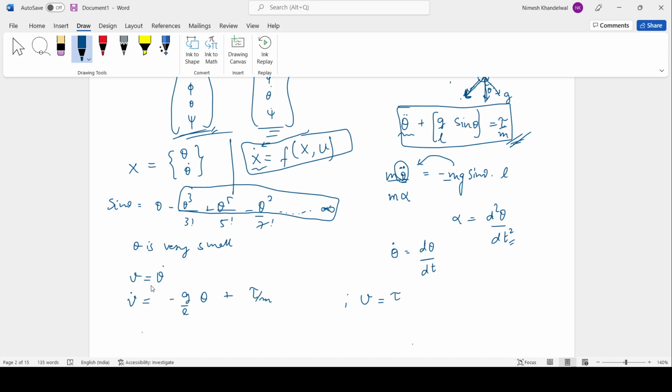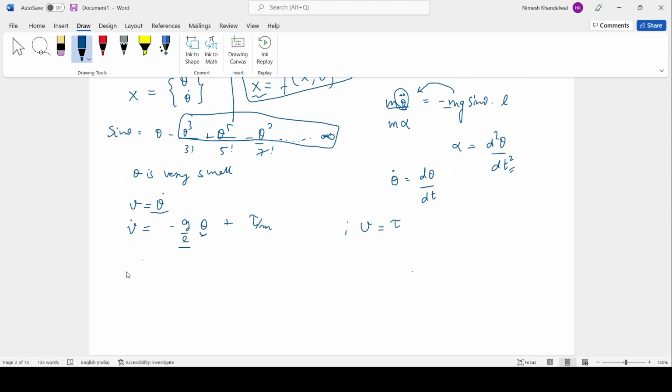Both these equations are linear in my states, both in theta and theta dot. If I write it in matrix form, this will become x dot, which is theta dot, or you can write V dot, and here it becomes [0 1; minus G over L 0] times x, where x is theta and theta dot, plus [0; 1 over m] tau.